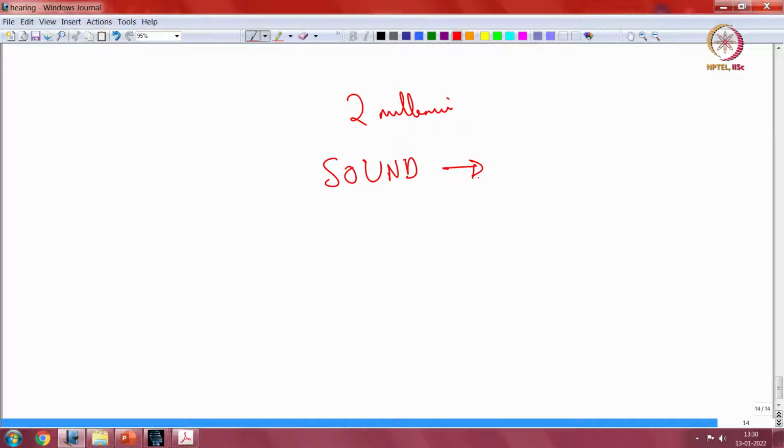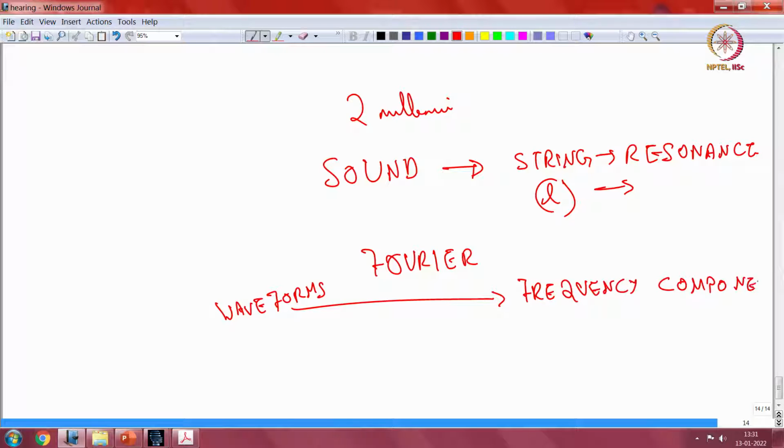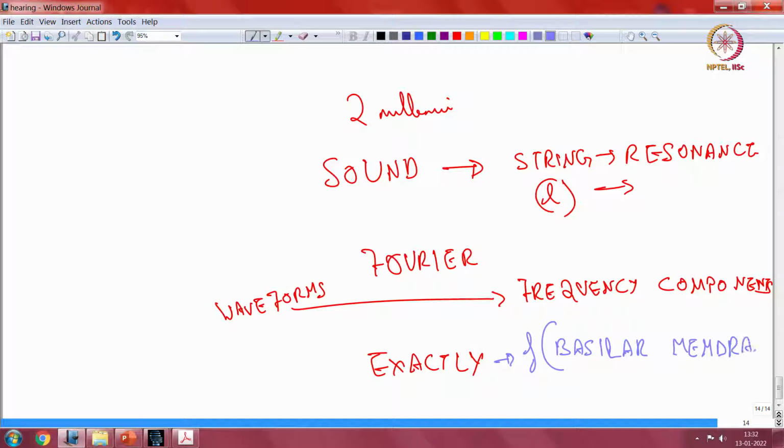So, I read something on history, and they had this string, and it had resonance, and you change the length of the string and it changed different things, and so much stuff was there until the notion of Fourier of analyzing waveforms in terms of frequency components, and that is exactly what. So that completes the aha part of the story.